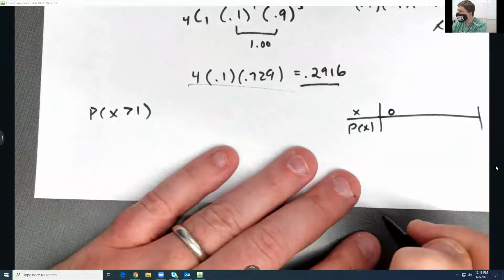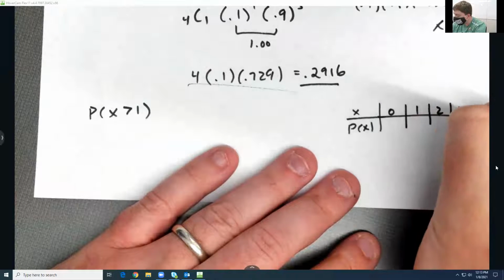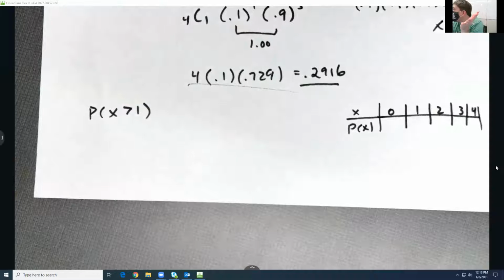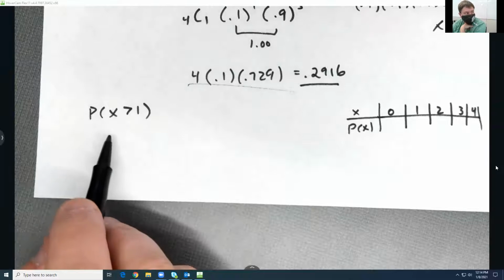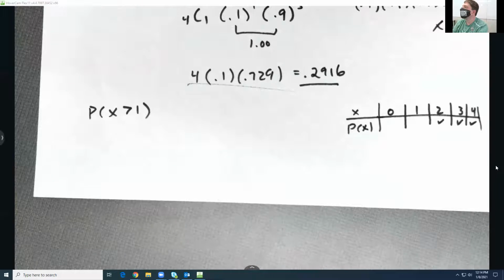I have 0, everything's good. I got 1, I got 2, I got 3, and unfortunately, all 4 of them broke. Those are the only possible outcomes I have for this experiment. Not 5, not 12, not less than 0. Either they all work or they all don't, or something in between. So if I want this, what I'm really asking for is the answer to this plus this plus this.